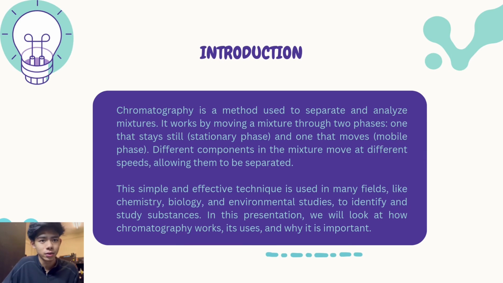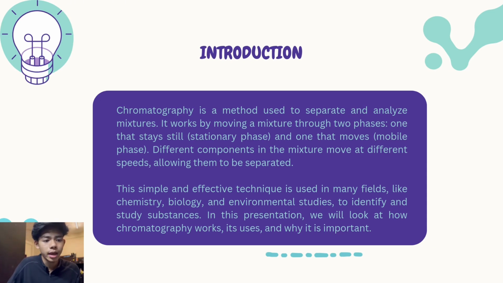Introduction. Chromatography is a method used to separate and analyze mixtures. It works by moving a mixture through two phases: one that stays, the stationary phase, and one that moves, the mobile phase. Different components in the mixture move at different speeds, allowing them to be split.